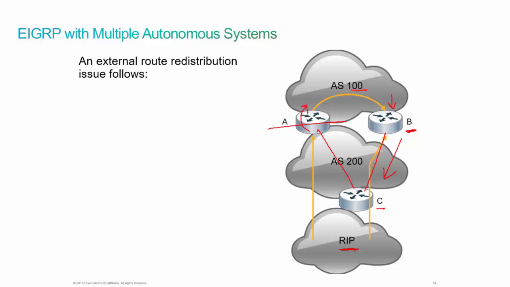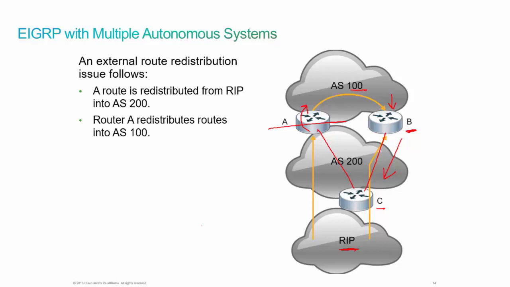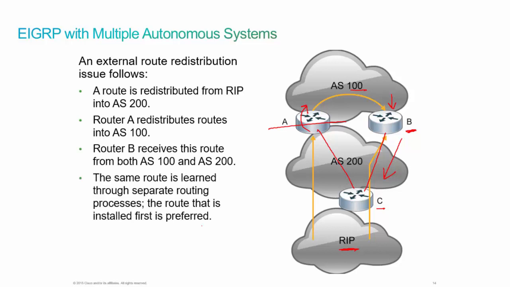Just to recap, we have a route that's redistributed from RIP into AS200. Router A redistributes it into AS100. Router B gets that route from both 100 and 200. Again, the same route. The one that we learned first is the one that's going to be installed and preferred.